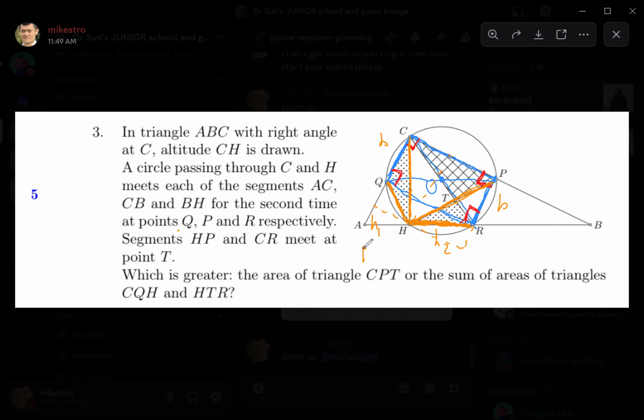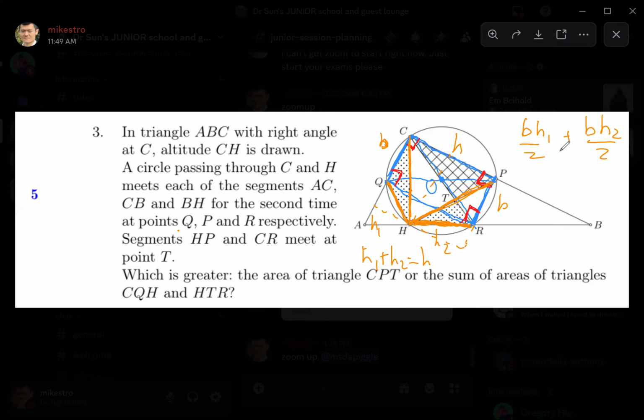And we know that height 1 plus height 2 equals the length of the rectangle, yeah? So the areas of the triangles is base times height 1 over 2 plus base times height 2 over 2, because it's base times height.